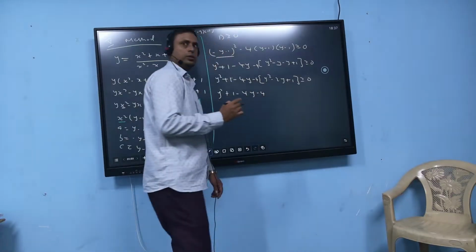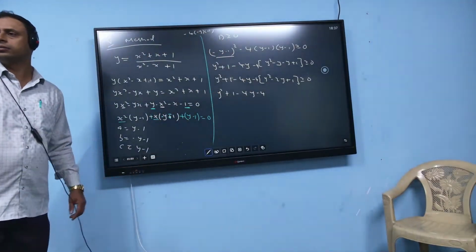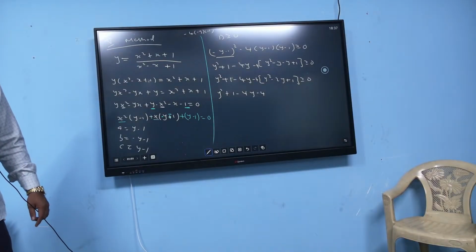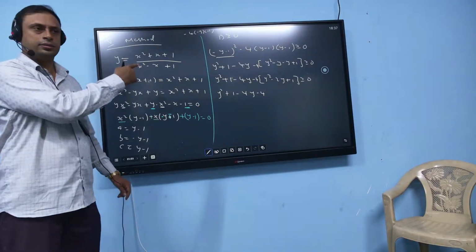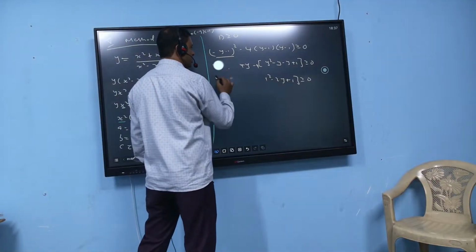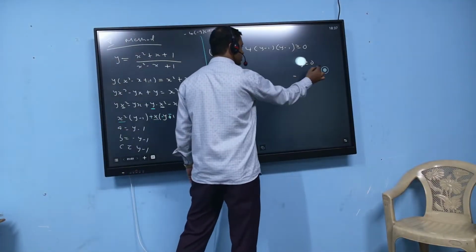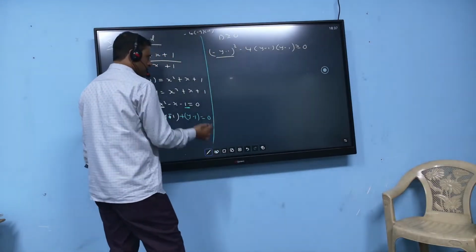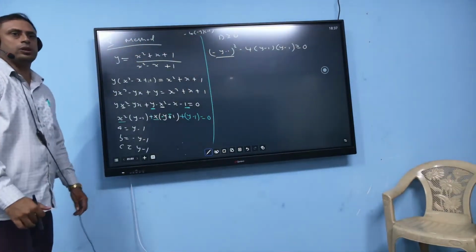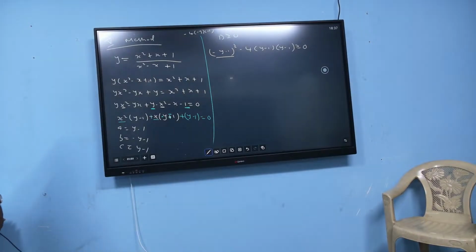What happened? Any mistake? Didn't understand? Simplification, basic simplification. Okay. Expand this: minus (y minus 1) whole squared. What is the (a minus b) whole squared formula? Minus 2ab. Correct?